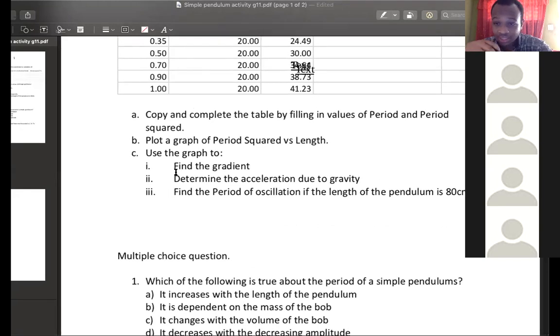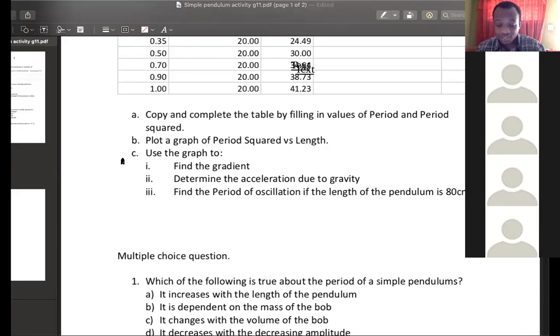So the activity that I gave you, you were only supposed to plot the graph, right? I wanted to see a graph up to this point. So we will now calculate, since we have gone through it in class, the acceleration due to gravity. We will find the gradient, the acceleration due to gravity, and find the period of oscillation if the length of the pendulum is 80 centimeters, right?